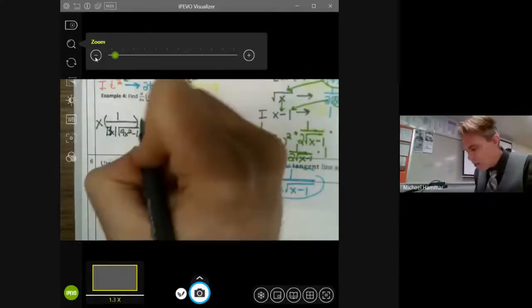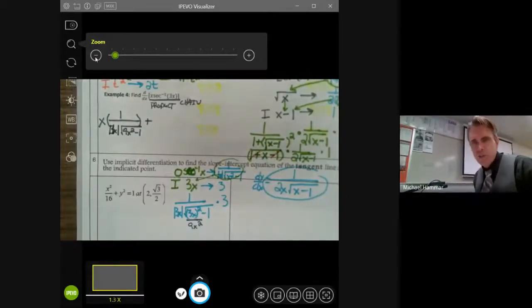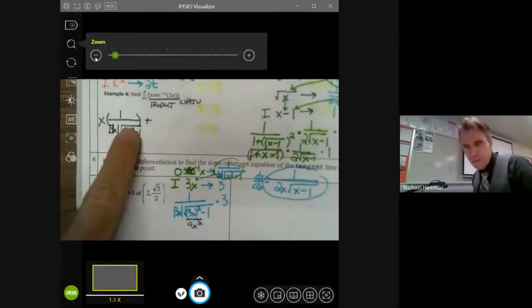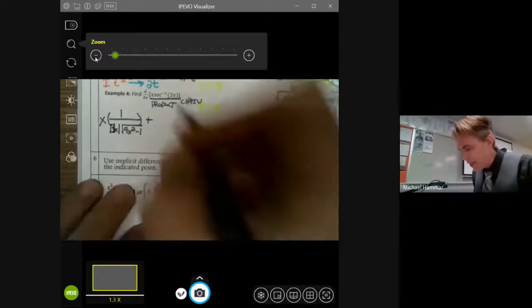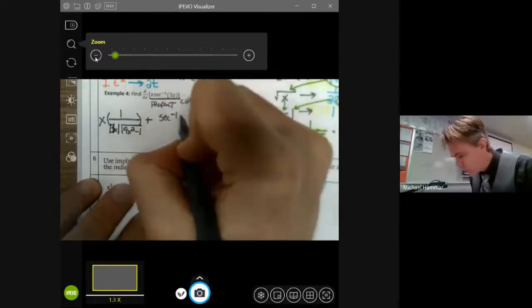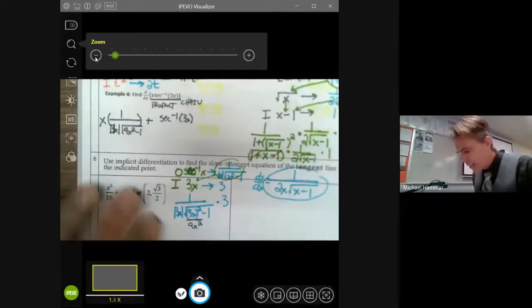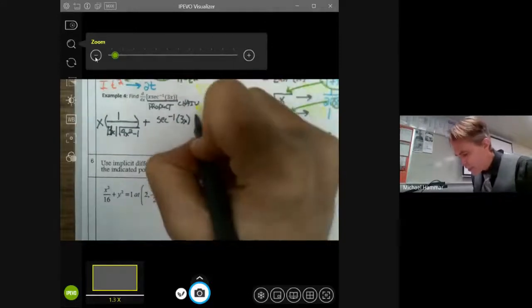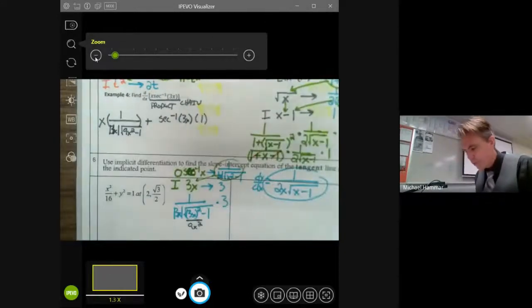Okay? Plus, we need to finish the product rule. So it's the first times the derivative of the second. And then the second, which is secant minus 1 of 3x, times the derivative of the first. And the nice thing is the derivative of the first is just 1. Okay? So the derivative of x is 1.